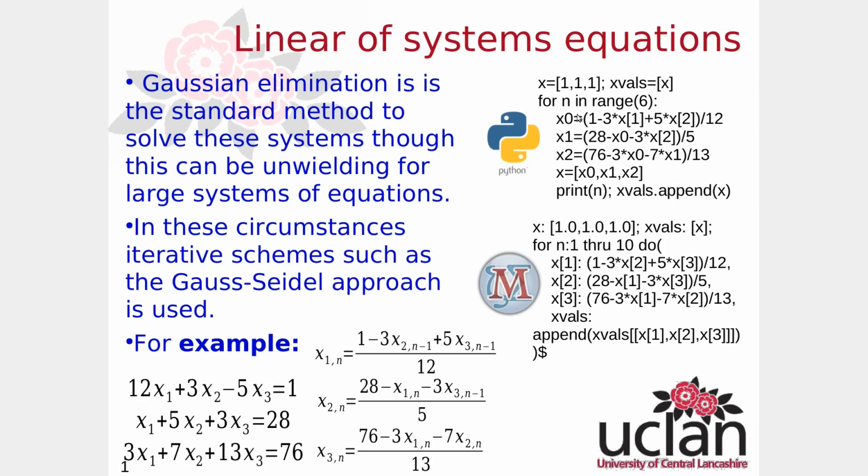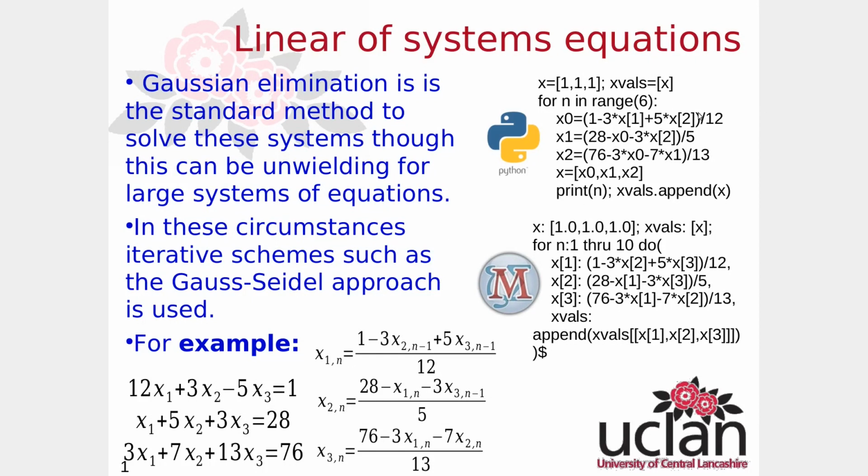And then I've simply put these equations in verbatim with the added caveat that we reduce the index, so 1 becomes 0, 2 becomes 1, and 3 becomes 2 because of the zero indexing notation required by the Python language.